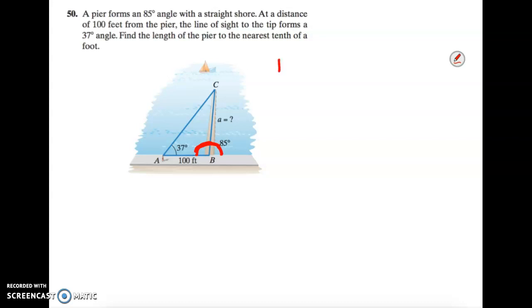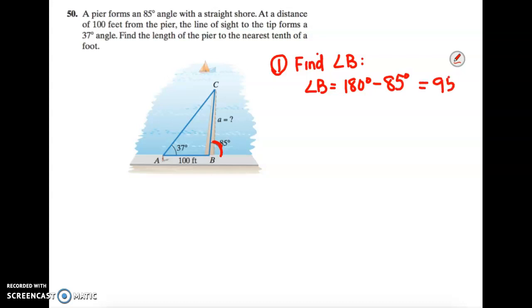So step one is to find angle B. So how you find angle B is you take 180 degrees and you subtract out that 85. So when we simplify it, we get 95 degrees. So this angle right here is 95 degrees.